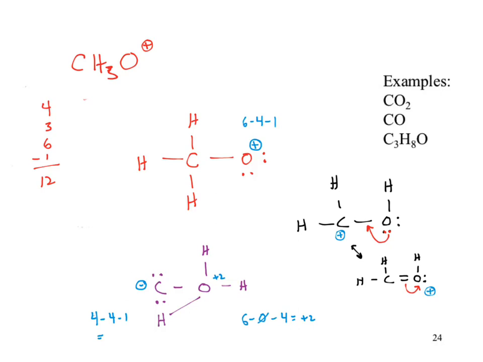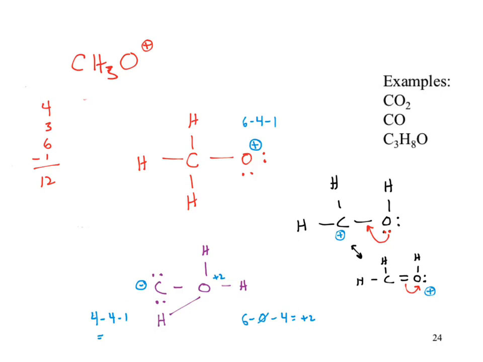Can this oxygen accept more electrons? How many electrons are currently around it? 8. Can it accept more? No. Is the oxygen going to react with another compound? No. It's a giant red flag that reactivity is sitting there, but it can't react outside the structure.